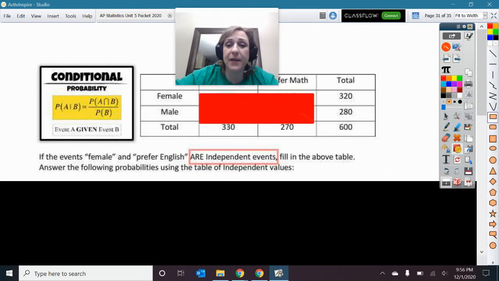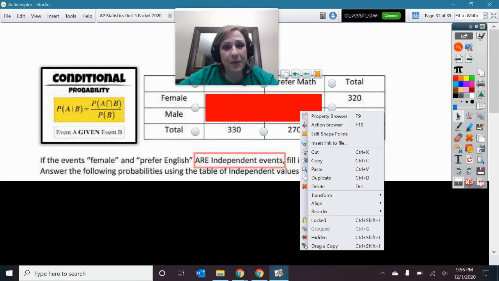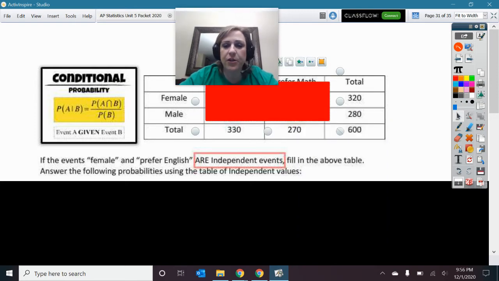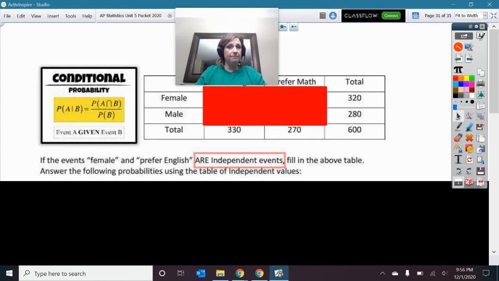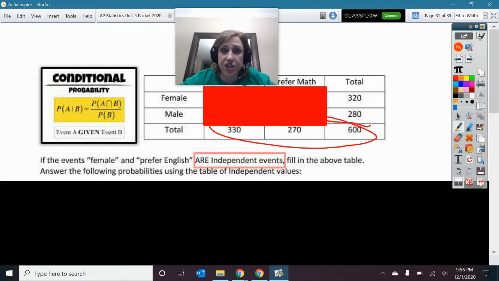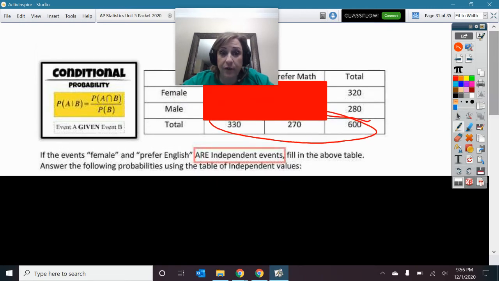So if they are independent, then what are these numbers inside here? Okay, so what are those numbers if they are indeed independent? Well, what does that mean if they're independent? That means that they should be preferring English at the same rate. So I want to see, hey, what is that overall English preference?